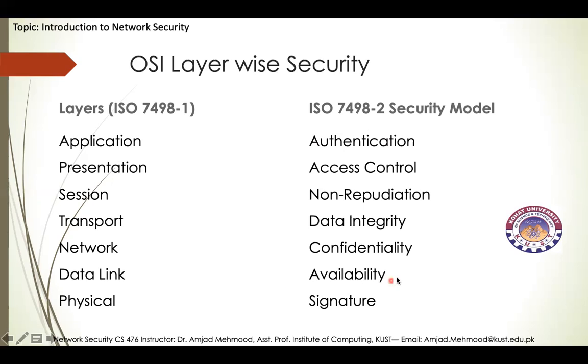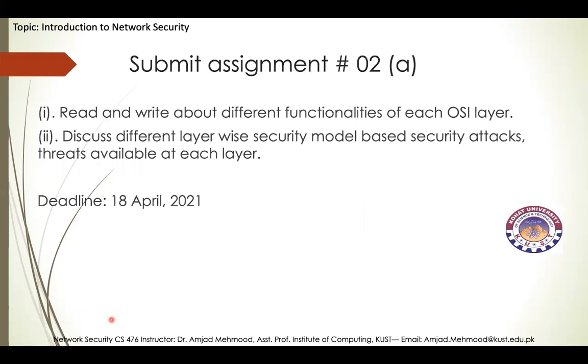For example, if you see authentication, this means you are on the application layer. If you see availability, this means you are on the data link layer. Or if you have a signature, this means you are on the physical layer. So this is how they are interpreted in security models.